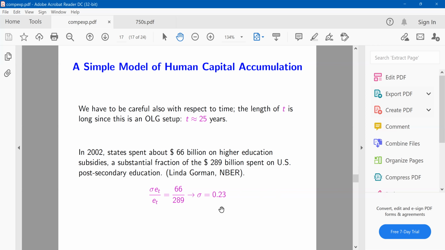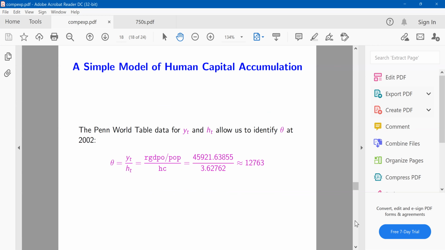So then that gives me a particular idea about sigma. What am I doing right now? Well, I am using the definitions of the model and using data, right? I'm using data on education subsidies and I'm using data on total education spending, and I calibrate sigma. Okay, so sigma is checked. Then, how do I know theta?